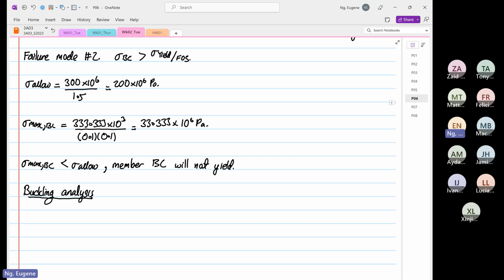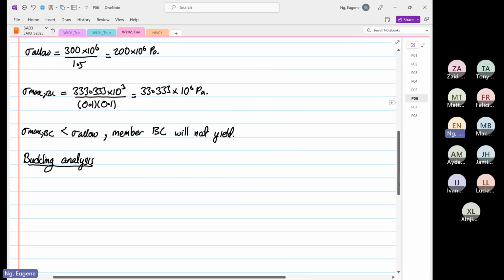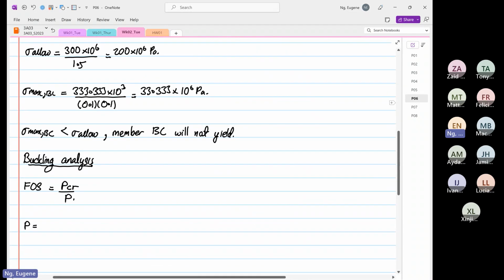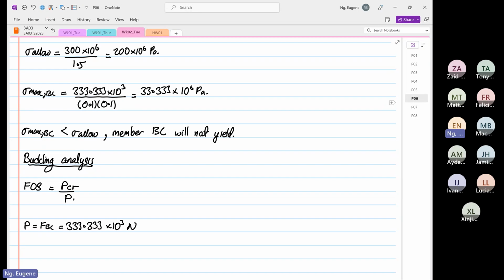We know that the factor of safety is equal to PCR over P. The load applying on member BC is FBC, which is equal to 333.333 times 10 to the power 3 Newton.